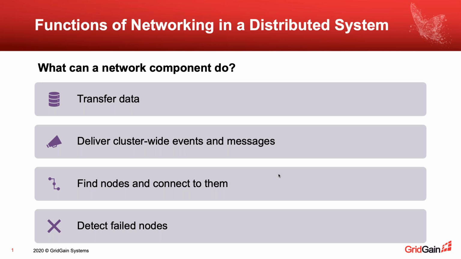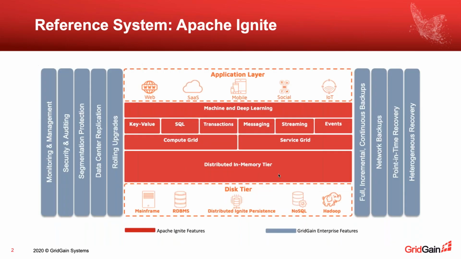And failure detection in a distributed cluster is also normally a function of a networking component. So these are the four functions which we are going to talk about, which compose what networking is for a distributed system. And as a reference, we will be using Apache Ignite.